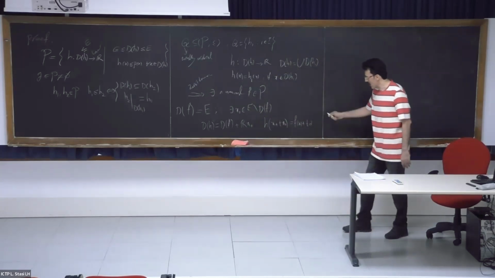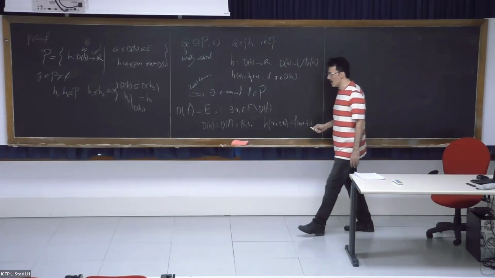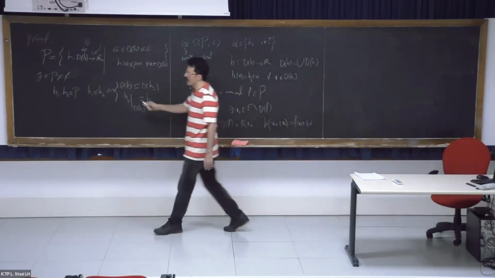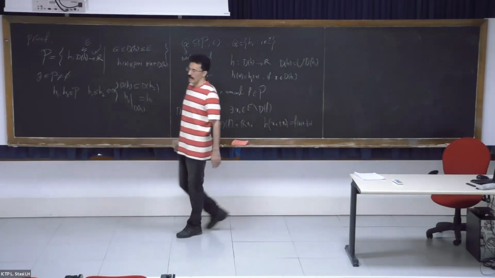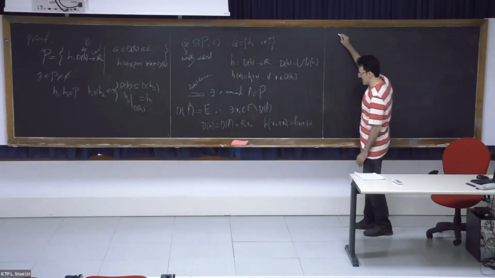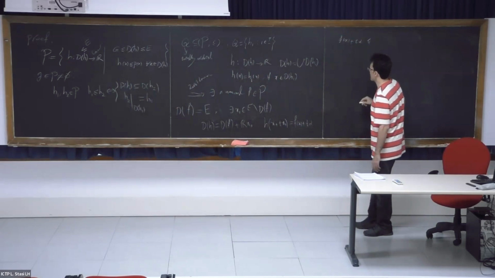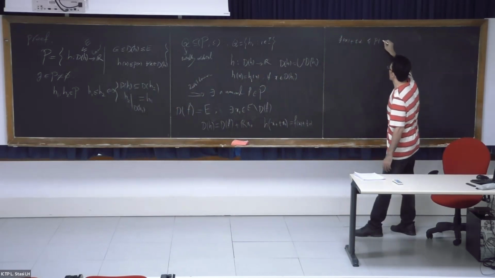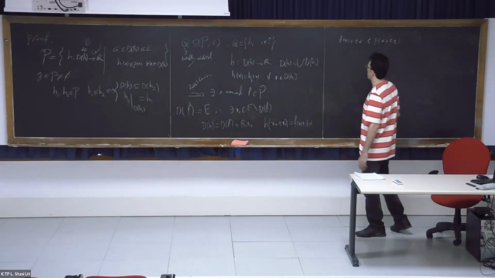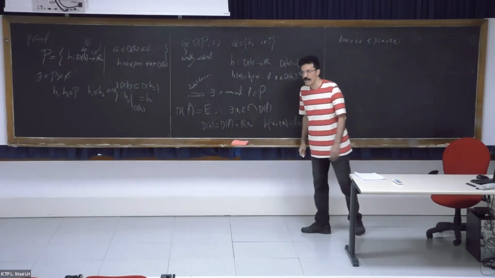We determine alpha in a way that H is an element of P. And for this, we need to have this inequality: f of x plus t alpha less than p of x plus t x0.